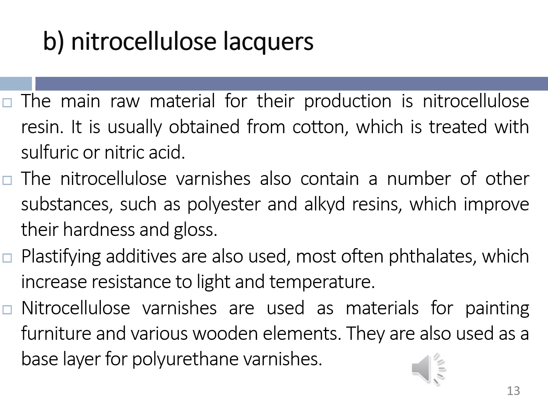What are the major raw materials used in the production of nitrocellulose lacquer? The main raw material for their production is nitrocellulose resin. It is usually obtained from cotton which is treated with sulfuric or nitric acid.